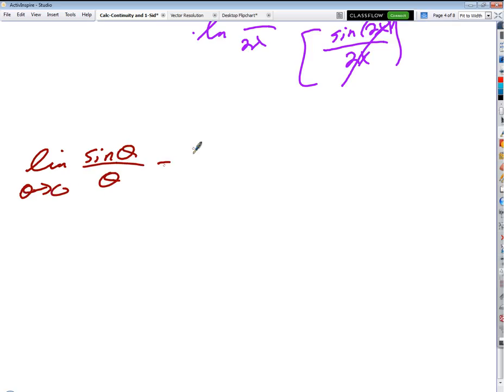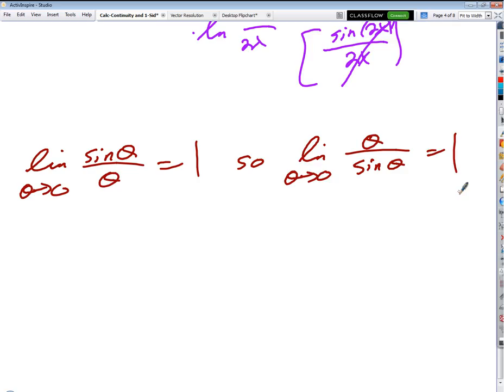We know that's true. So if we ever see the limit of theta over sine theta as theta approaches 0, what's it equal to? 1. I think we can write that without having to show anything. I think that's fair game, because the reciprocal of 1 is 1.